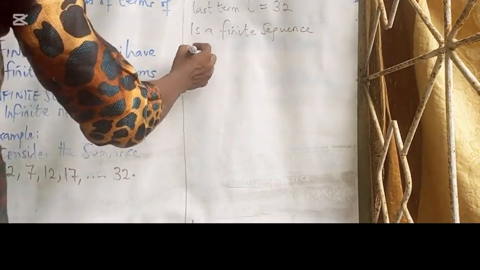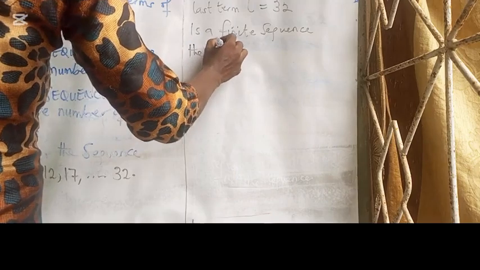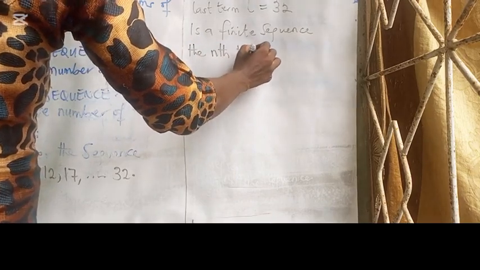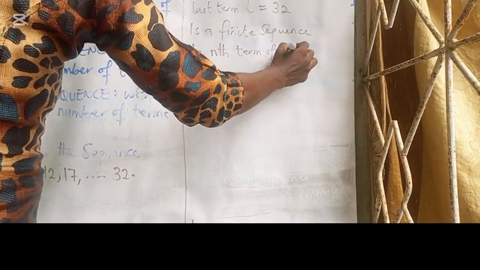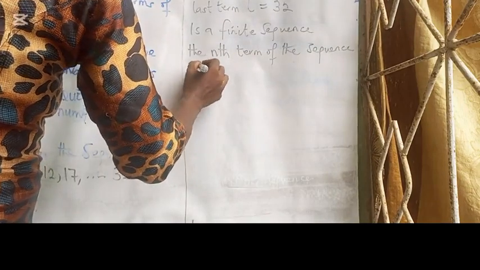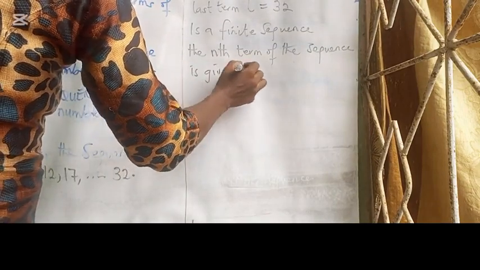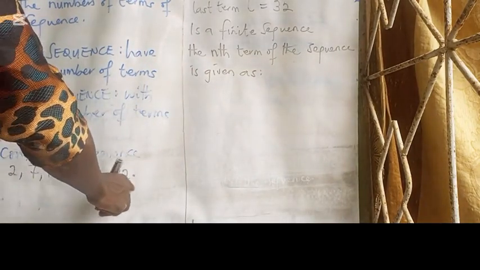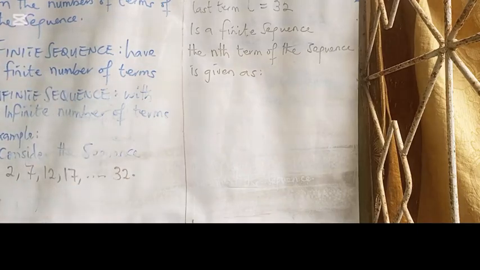And the nth term of the sequence is given as what? If you take a closer look at this sequence, you see that it is an arithmetic sequence.